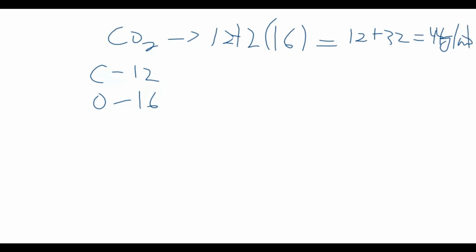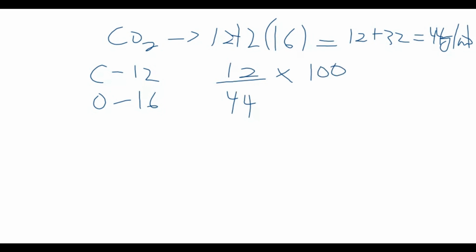So if you want to find the percentage by mass for carbon, that is going to be 12 over 44 multiplied by 100.